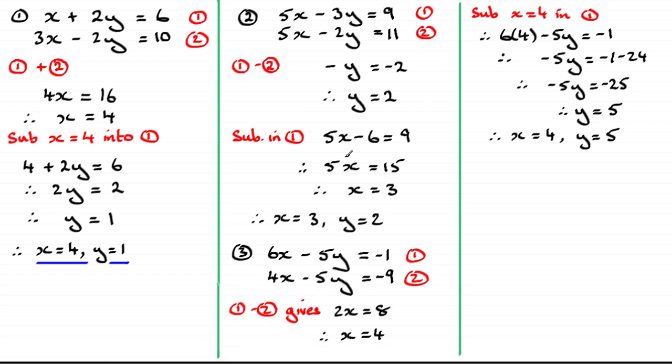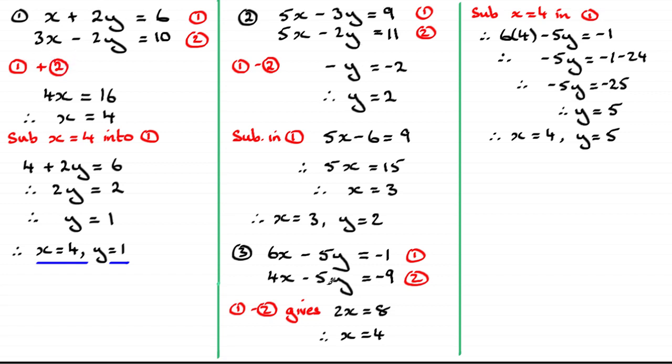Notice up here, these two were exactly the same type of term, the 5x's. They're both plus 5x, so we subtract. But here, one was the opposite of the other with these y's. We don't subtract them because they're not exactly the same. We add them to eliminate.